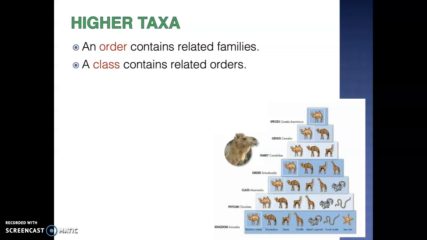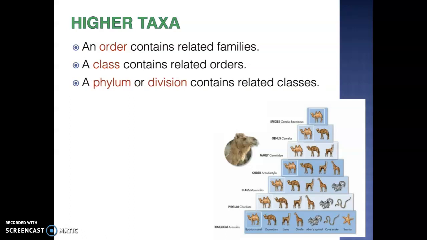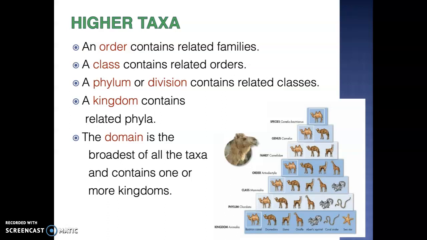A class contains related orders. A phylum, or division, which is specifically for plants, fits into the largest one that we talk about, which is kingdom. The very broadest category is called a domain, and there are only 3 domains that exist. So everything fits into a specific domain.